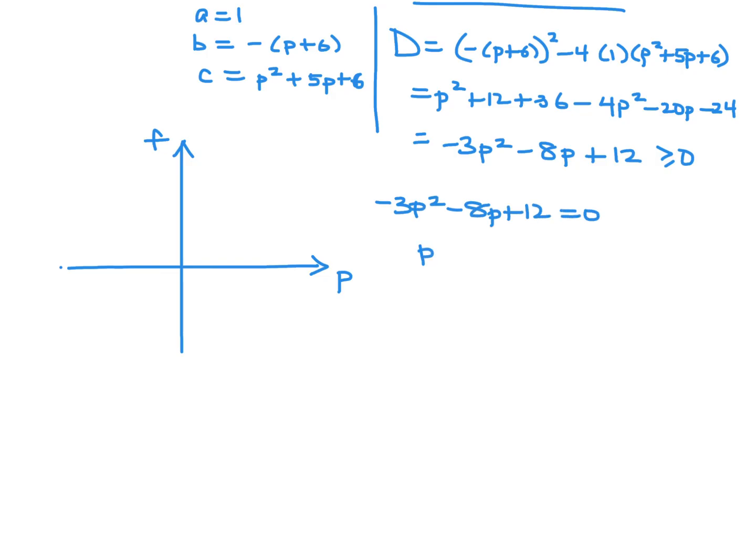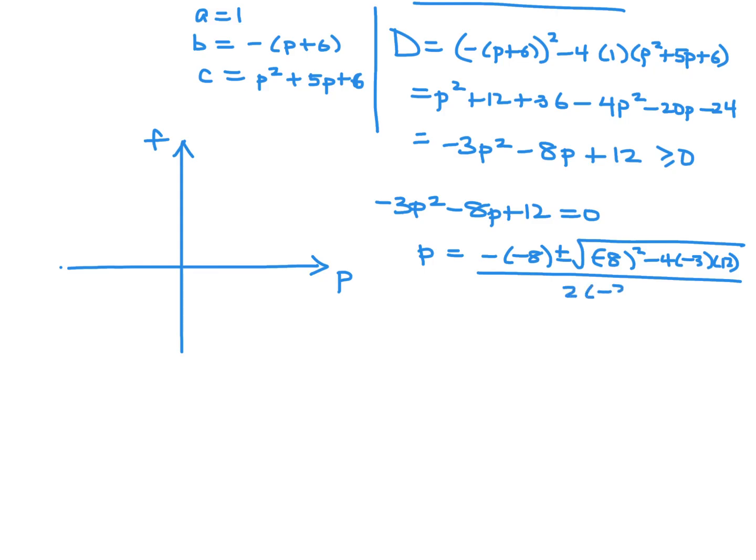So p this time would be minus b plus or minus the square root of b squared minus 4ac all over 2a. And then this is 8 plus or minus root 208 over minus 6. And if you get out a calculator, you'll figure out that there's 3.7 and 1.1 approximately.